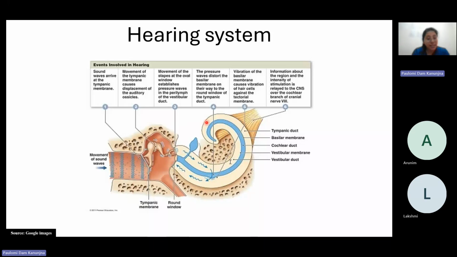Why? Because of the wavelength. High frequencies have shorter wavelength, and low frequencies have longer wavelength. Shorter wavelengths stay near the base. Longer wavelengths travel further, so they can reach the apex. So high frequency, shorter wavelength, stays at the base. Low frequencies, with longer wavelength, reach your apex. And that's how you have these two positionings.